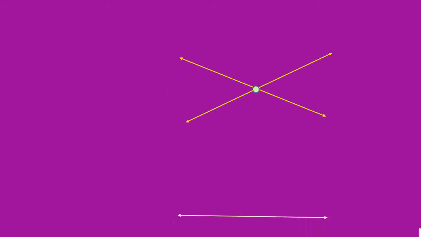Draw two different lines on a paper. You will see that you can draw the lines in two different ways. Either the lines meet at a point or they do not meet, they are parallel. The perpendicular distance between the two lines is the same at all the points.